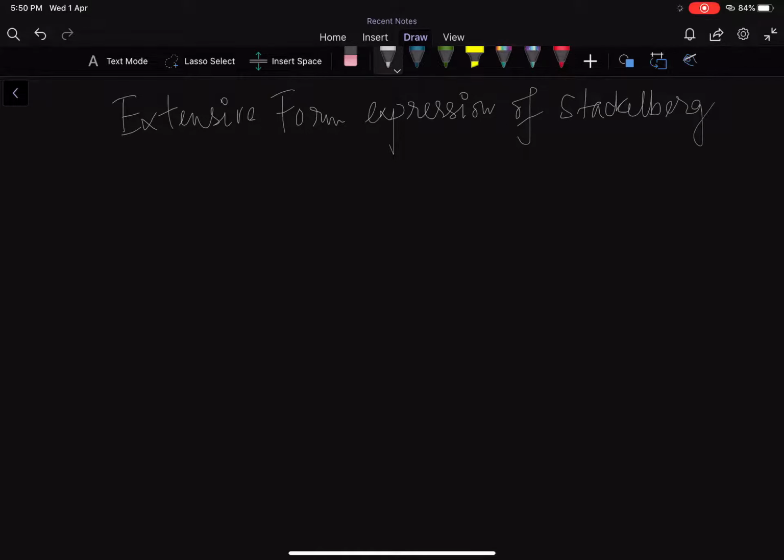So we can express this sequential move game in an extensive form expression of the Stackelberg model. So what is the extensive form expression?